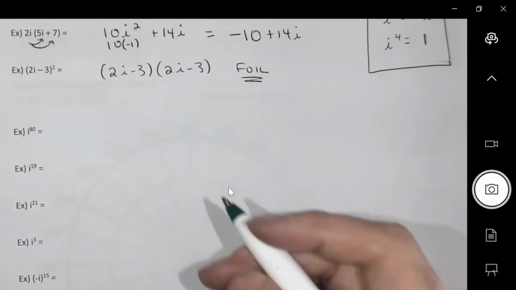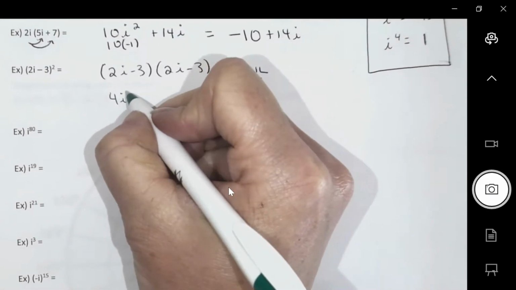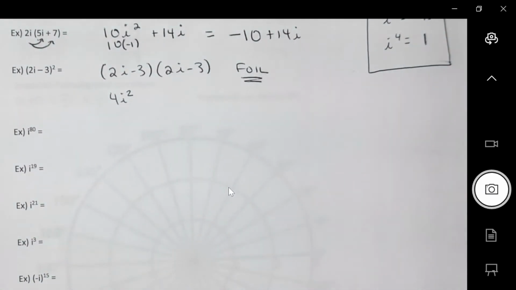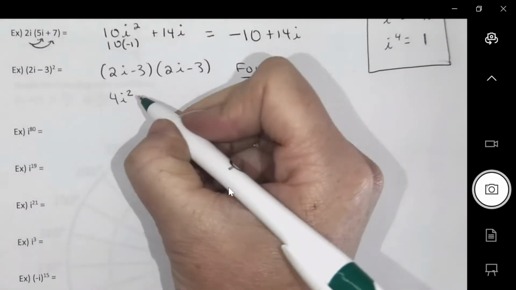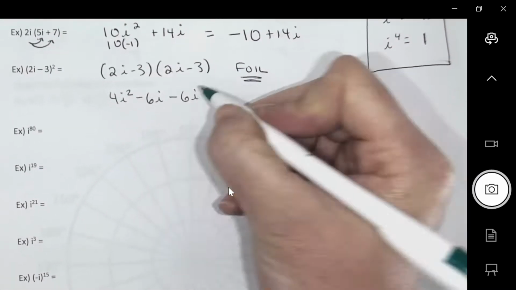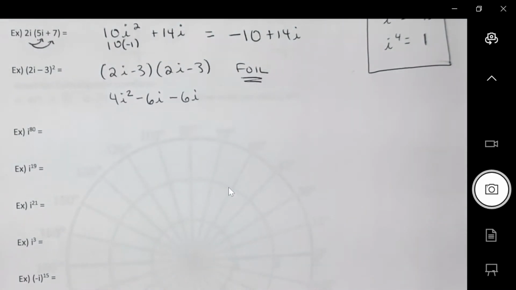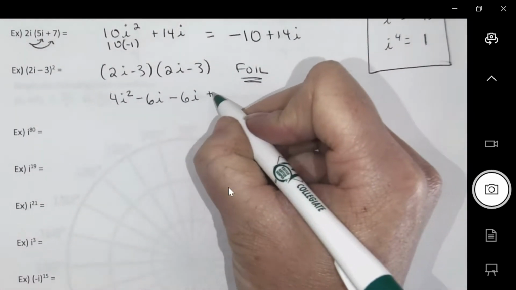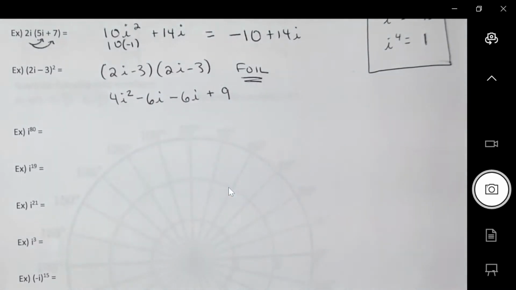Okay, ready? First makes 4i squared. Outsides -6i. Insides are -6i. Last is +9.